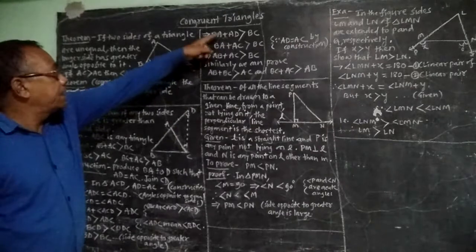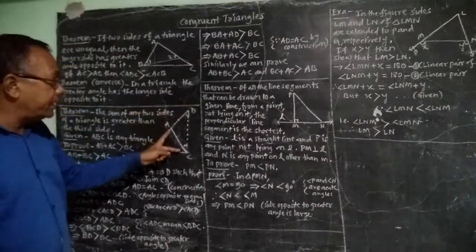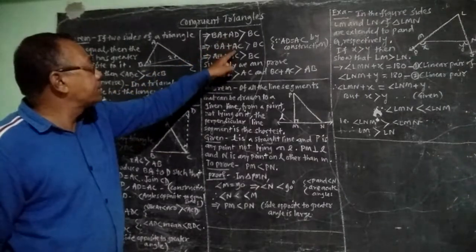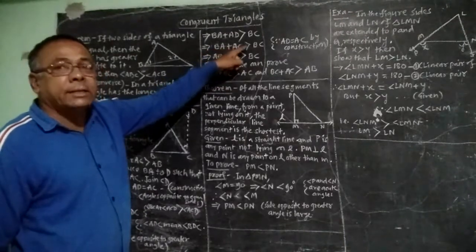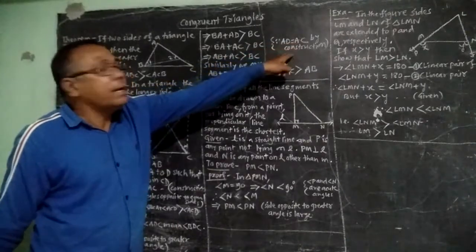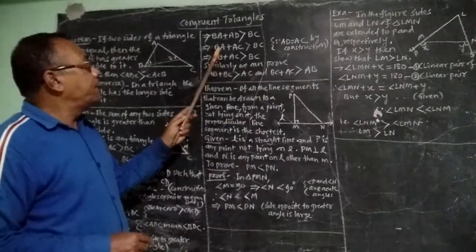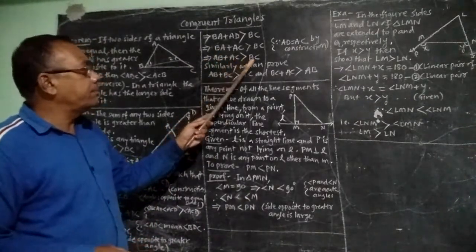But we know that AD is equal to AC, so replacing AD by AC, we get BA plus AC is greater than BC, because AD equals AC by our construction. Therefore AB plus AC is greater than BC.